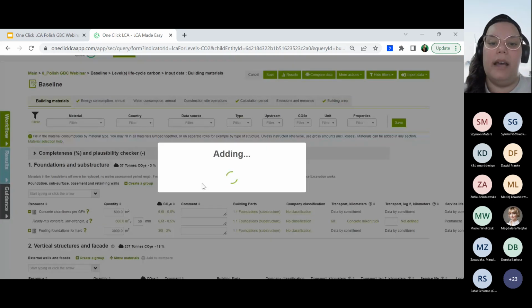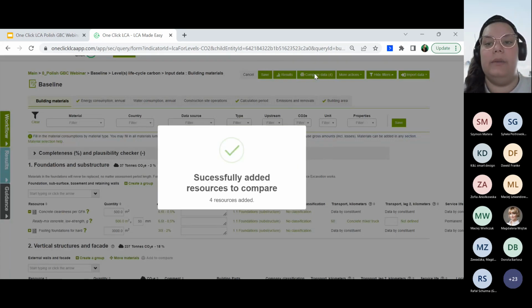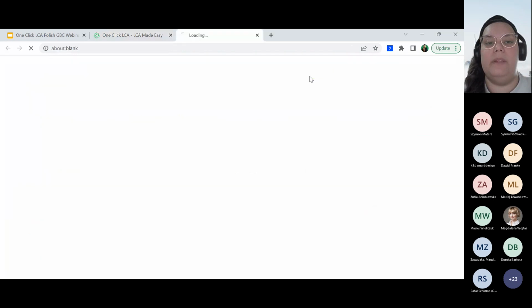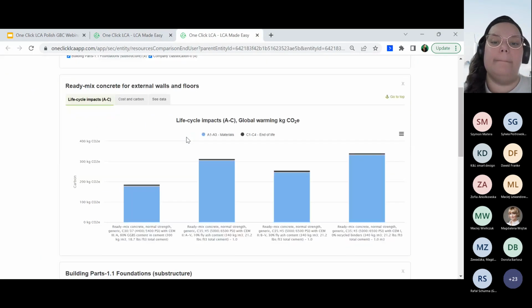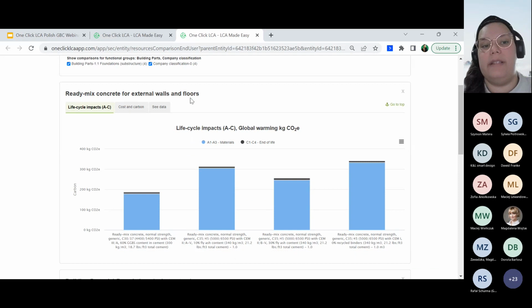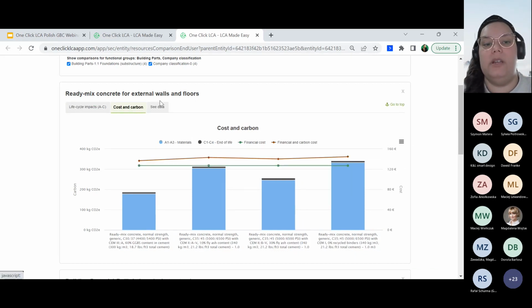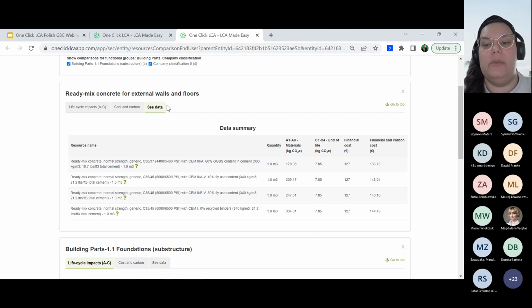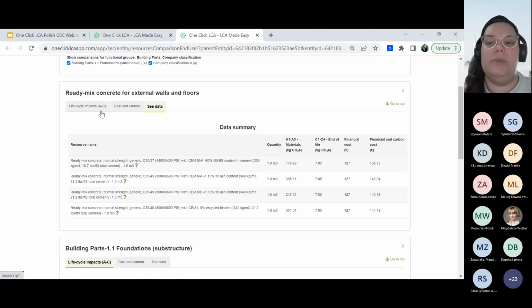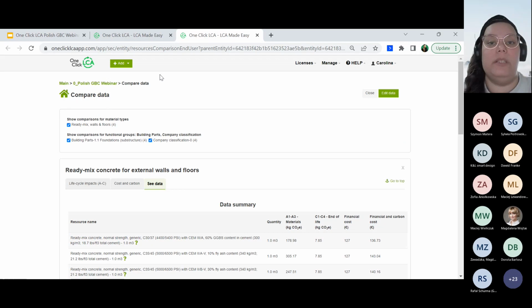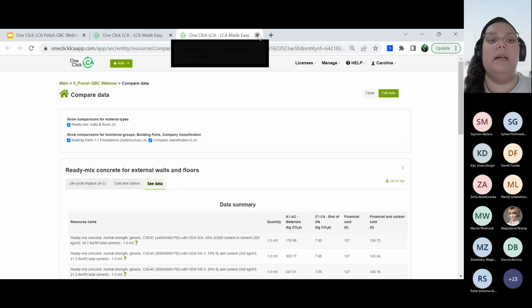So I can click here and add to compare, and then we can compare the data here. The materials that I've selected, the different types of concrete, also by cost, and we can also see the numeric results, and these will help to make the most informed decisions when it comes also to the materials.